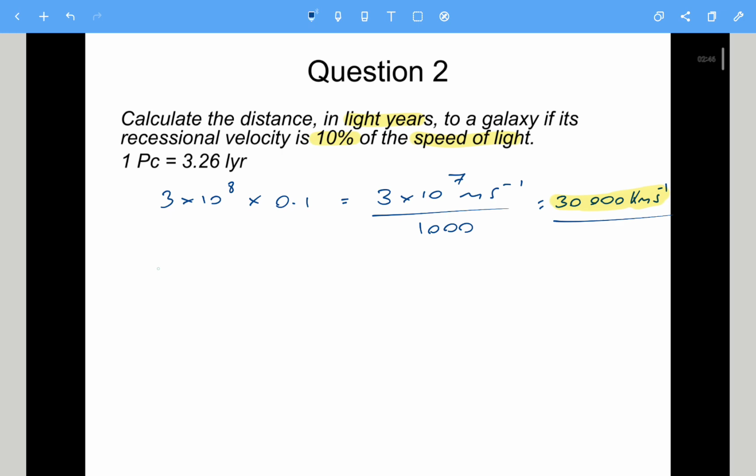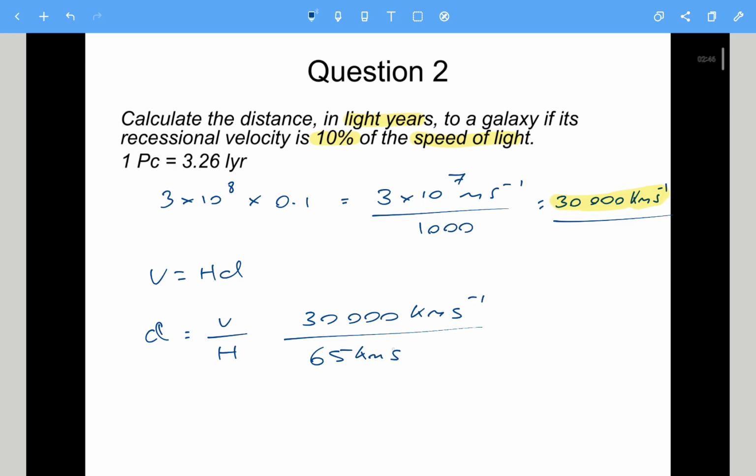Then we're just going to use Hubble's law, so v equals Hd. So distance will be the speed which you calculated divided by Hubble's constant. So we've got 30,000 kilometers per second divided by 65 kilometers per second per megaparsec.